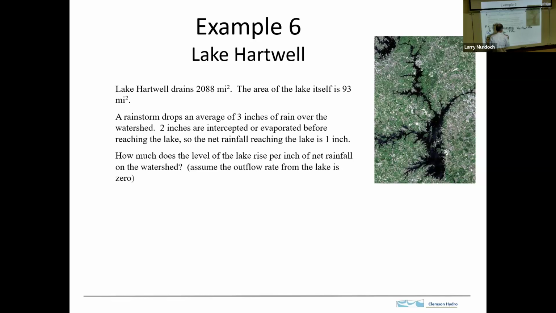Volume out will just be Q plus the evaporation, ET times the area of the watershed. Okay, so both the precipitation and ET are volumetric fluxes. We have to multiply by area to get them into a volume.